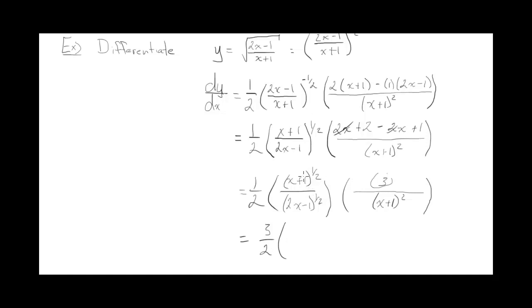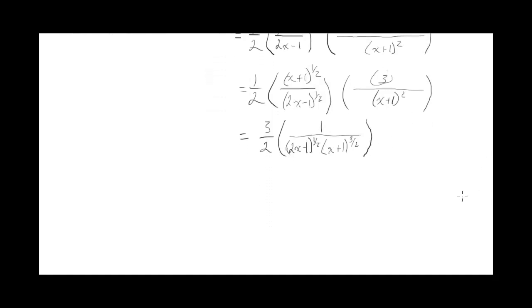The numerator, so x plus 1 to the power of 1/2 on the top, and x plus 1 to the power of 2 on the bottom. So what I'm going to do is subtract exponents. So 1/2 minus 2 would be negative 3 over 2, or 3 over 2 would just be on the bottom. So I'm going to have x plus 1 to the power of 3 over 2, and then I'm going to have 2x minus 1 to the power of 1/2, and then there's just a 1 on the top.